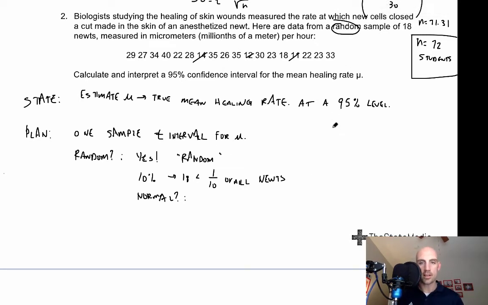We are going to need to sketch ourselves a little dot plot here. I kind of see that I've got, let's see, 10, 15, let's make this 10. 25, 30, kind of up to 40.